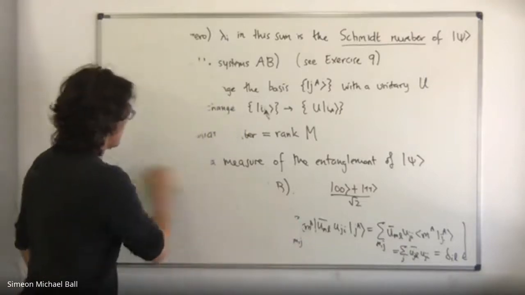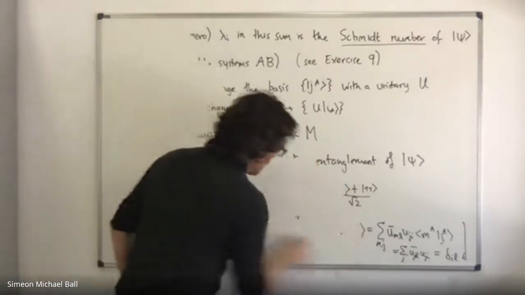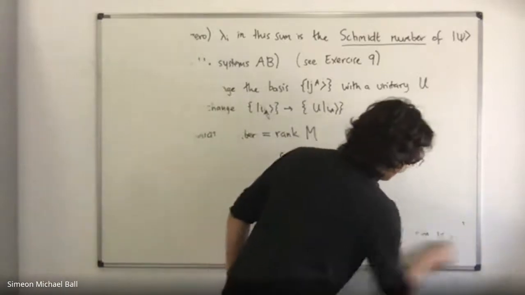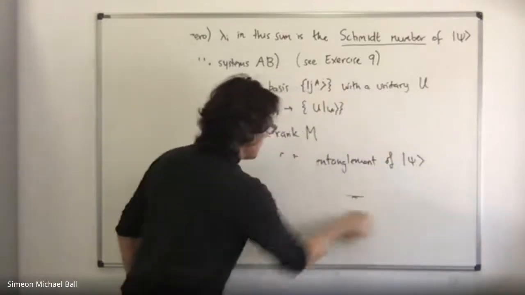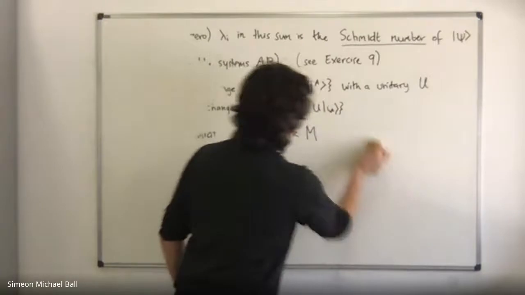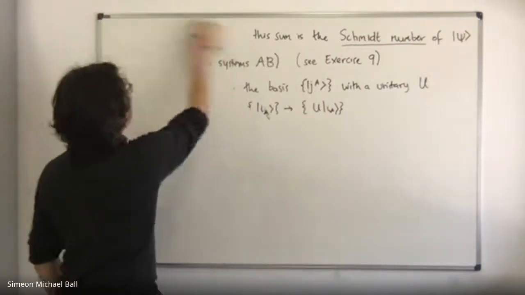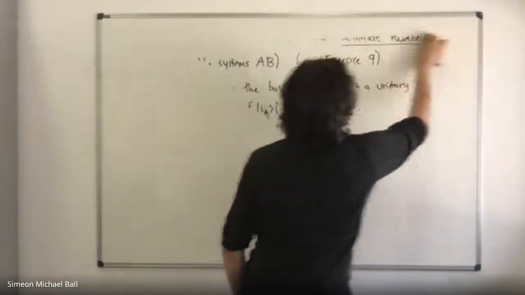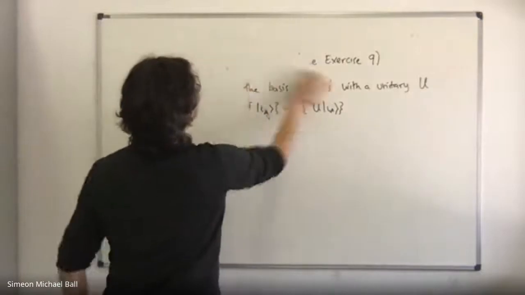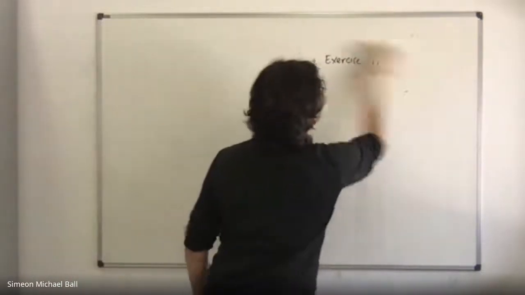So now we can start officially going through the postulates of quantum mechanics. Now, a lot of this will have already hopefully now look very familiar, but I don't see any reason not to write it down formally.